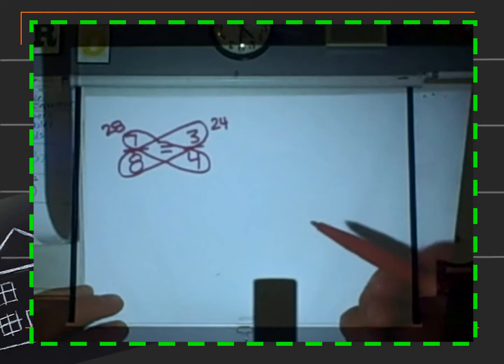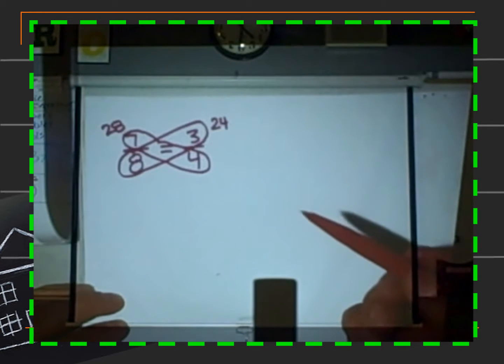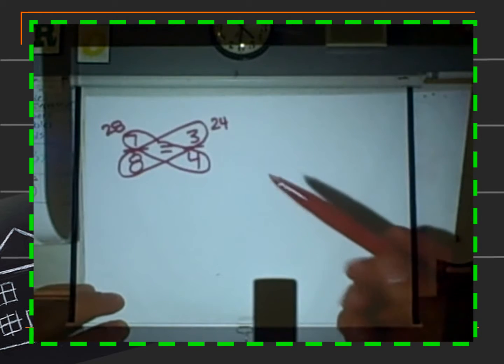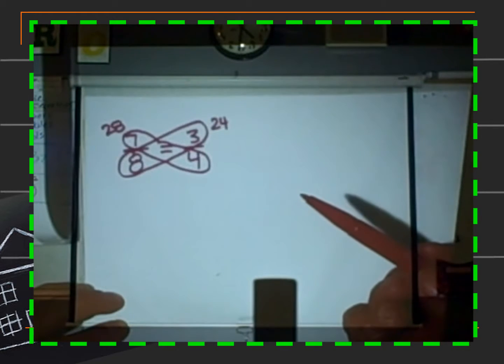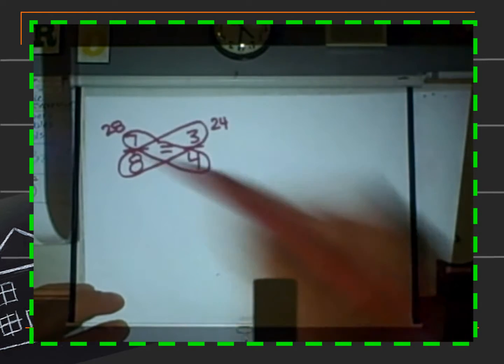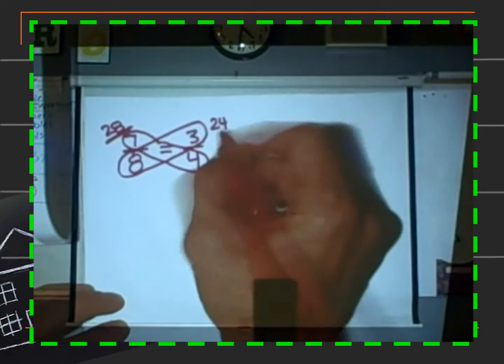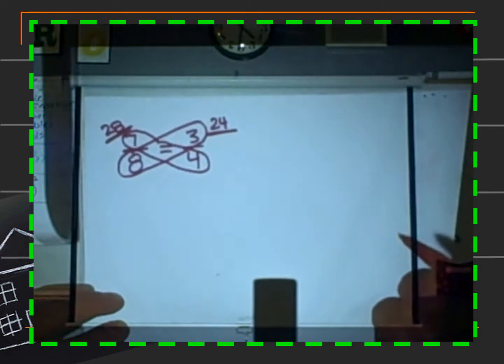So I'm going to ask you, is this going to form a proportion? Hopefully you said no. And if I were to ask you why, turn to your partner and say why. Hopefully you shared with your partner that this is not a proportion because the cross products are not equal.